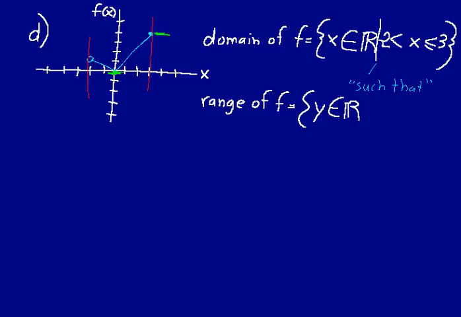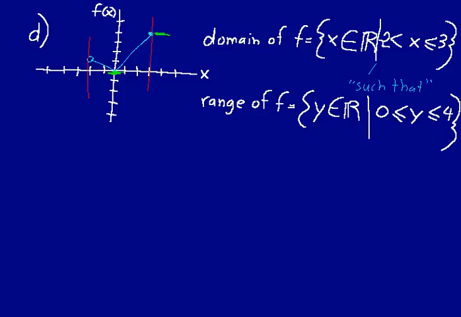Y is a member of the set of real numbers such that, now our range is from 0, and that would include 0 right there, to a positive 4. And so we'll say y less than or equal to 4, greater than or equal to 0, close brackets. So that's the domain and the range for that function.